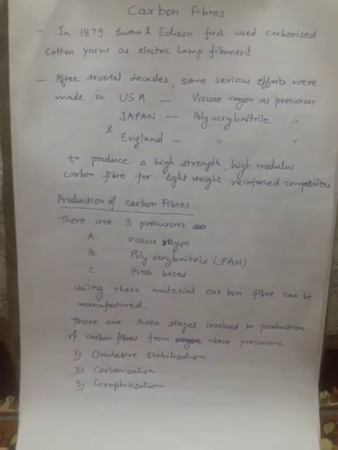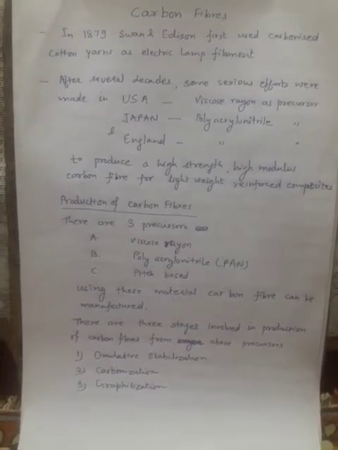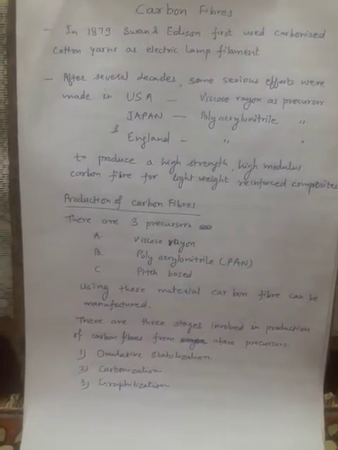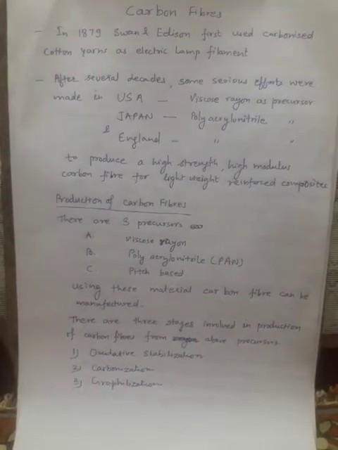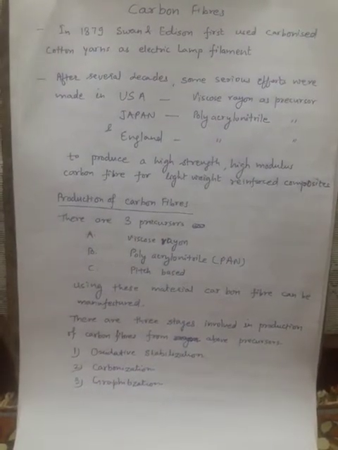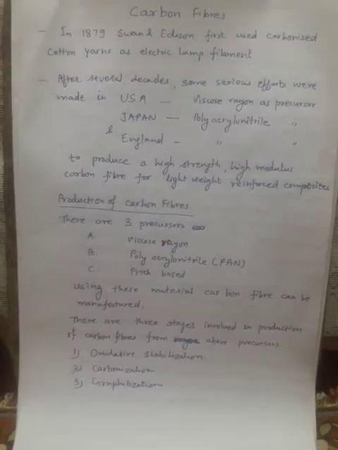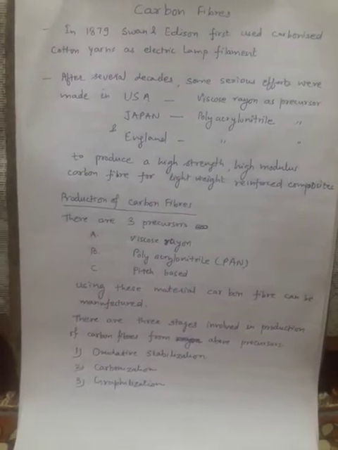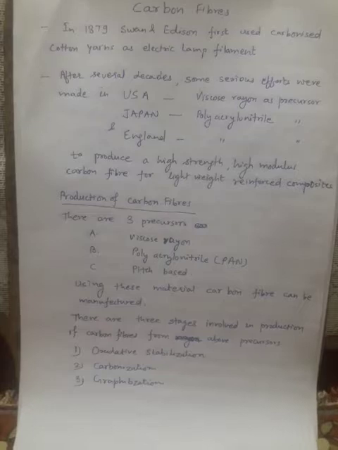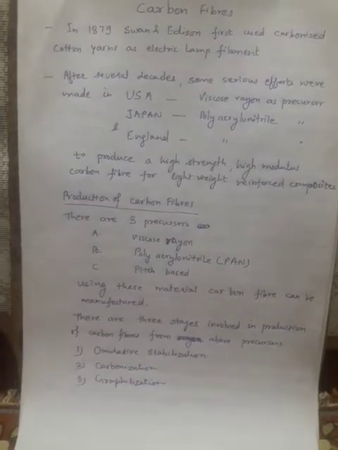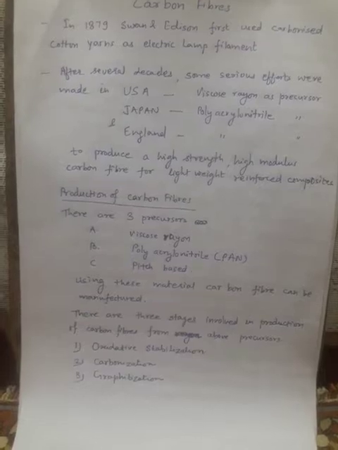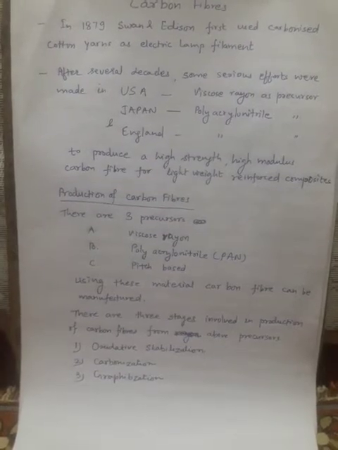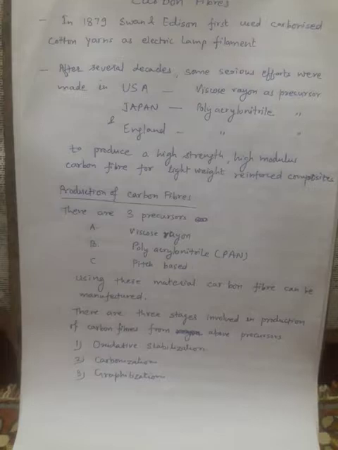But in later years, as the demand came for lightweight reinforced composite materials, some leading countries, like the US, Japan and England, made serious efforts taking different types of starting materials.